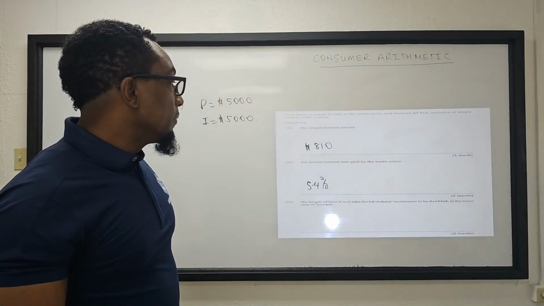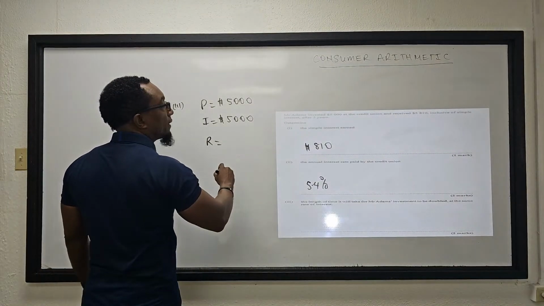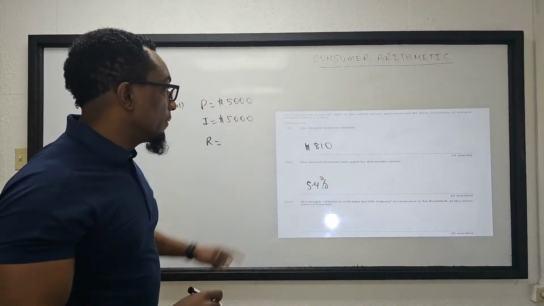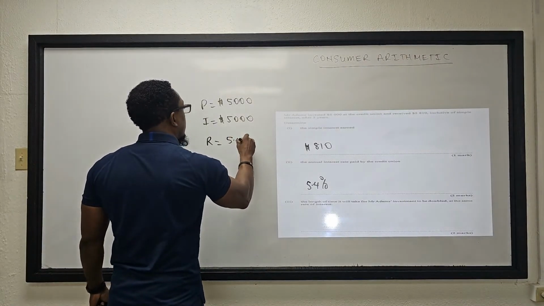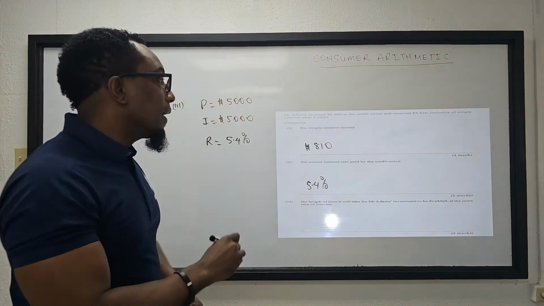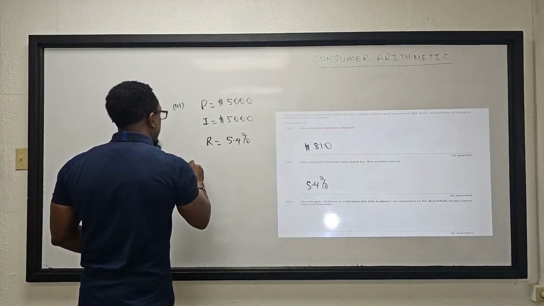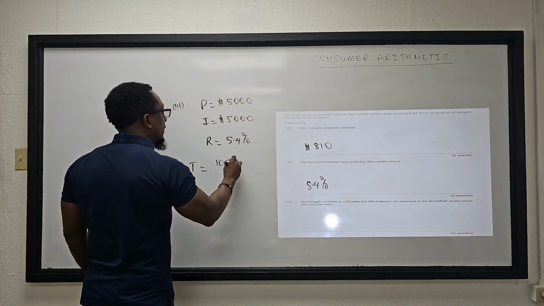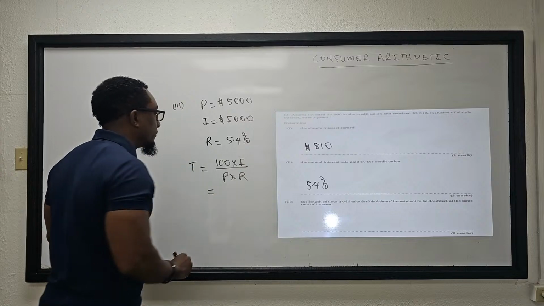We want to determine what the time is. Of course, the rate is 5.4%, and we want to determine the length of time it will take. So time will be 100 times the interest over the principal times rate.